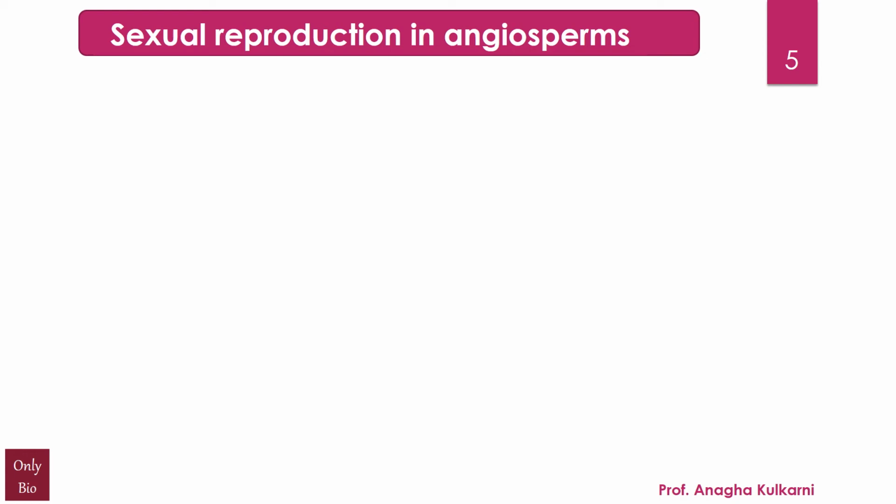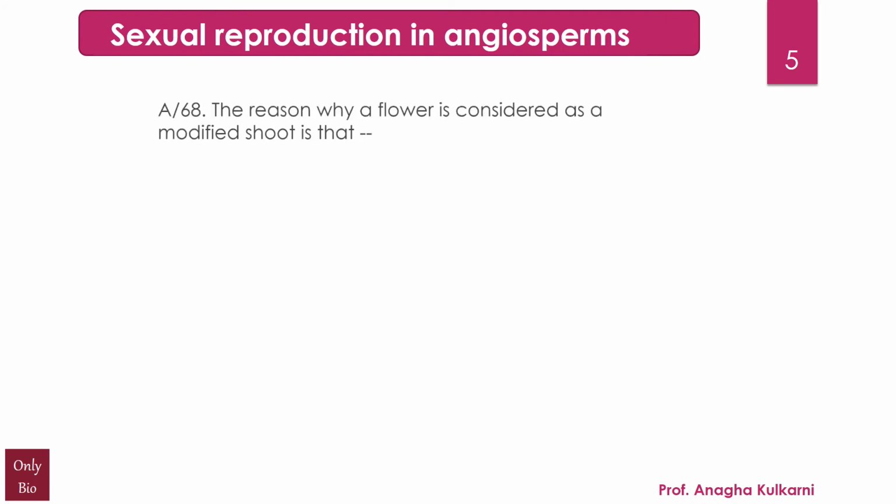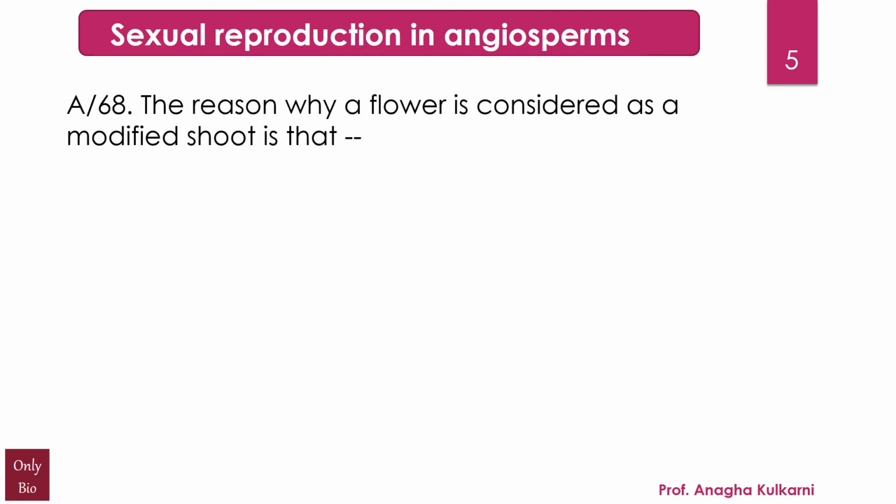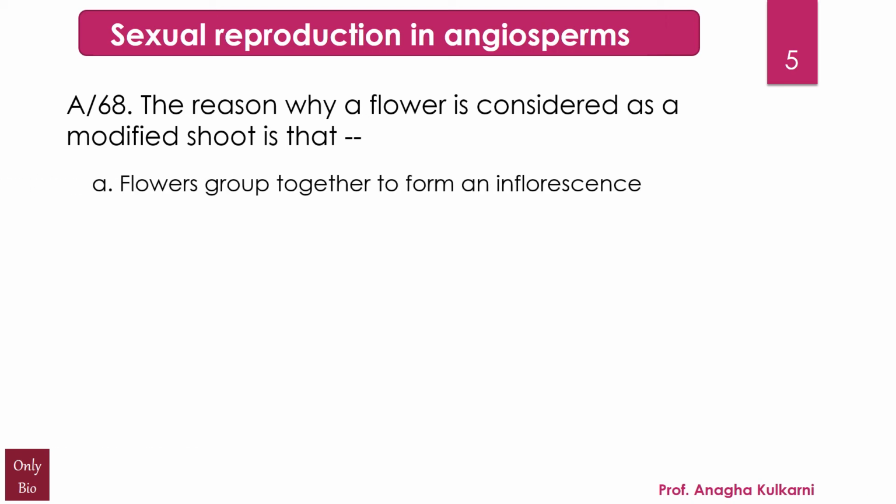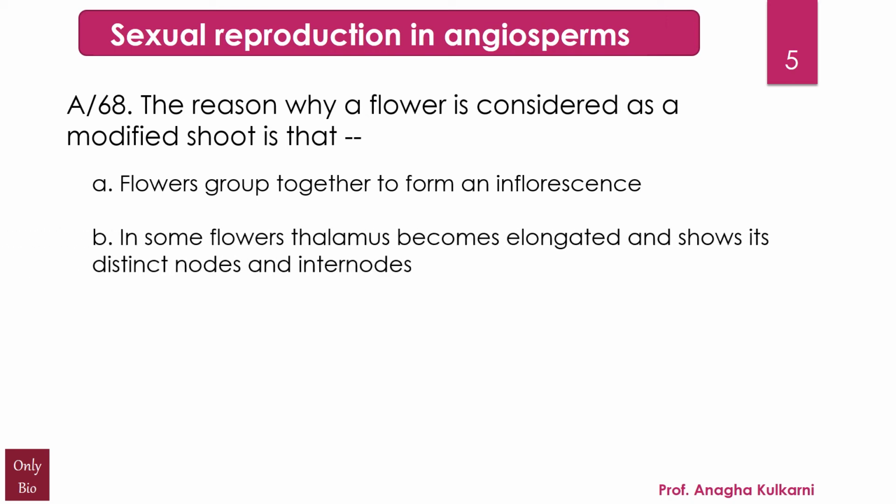Now, the next question relates to the chapter sexual reproduction in angiosperms, and the question is, the reason why a flower is considered a modified shoot is that, and the options are A. Flowers group together to form an inflorescence. B. In some flowers, thalamus becomes elongated and shows its distinct nodes and internodes.